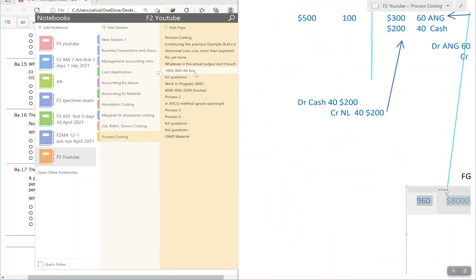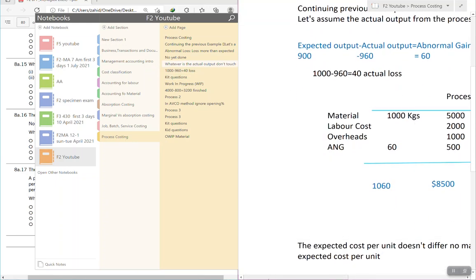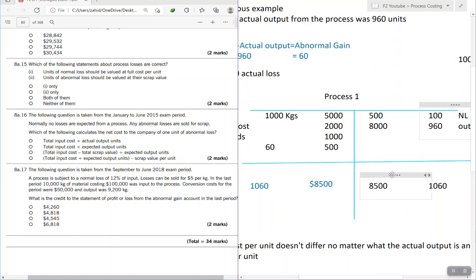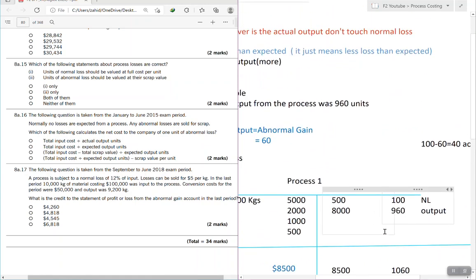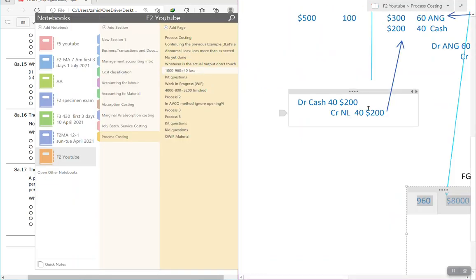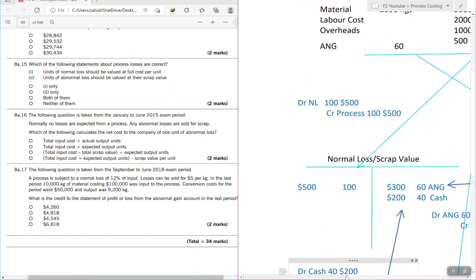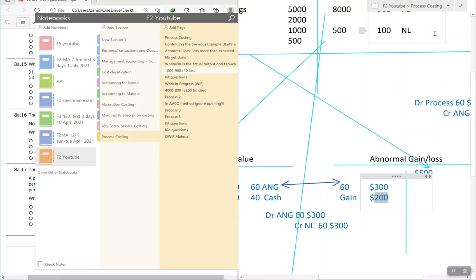Likewise, in abnormal gain, there would be that differential value. Even though we transfer it to the account, specifically to P&L, the gain and loss would be that differential value. Okay, this 200 like we had, not the 500.